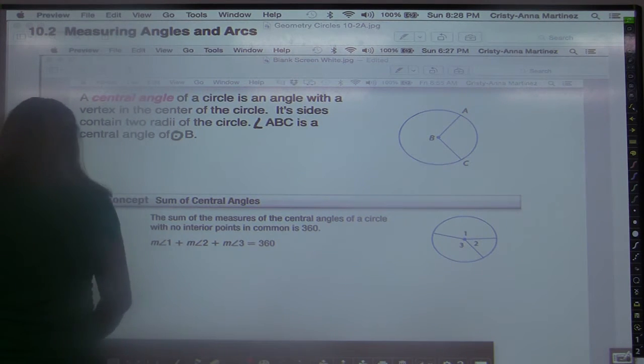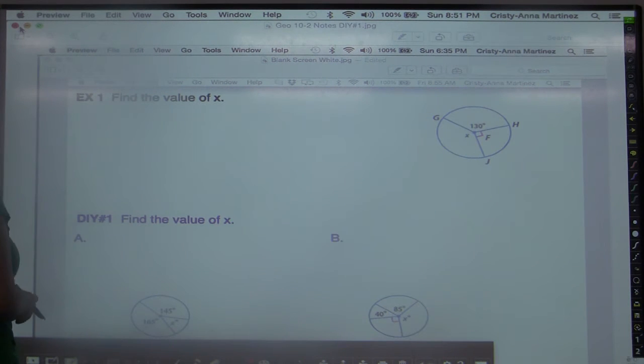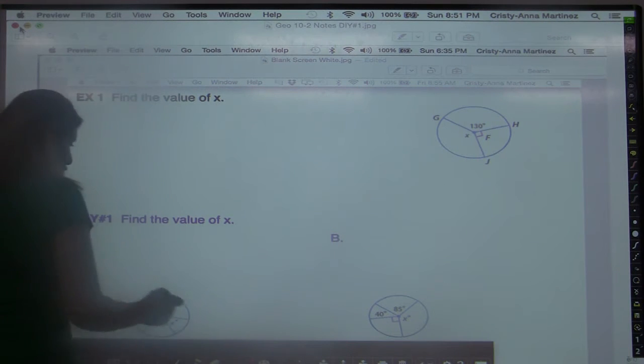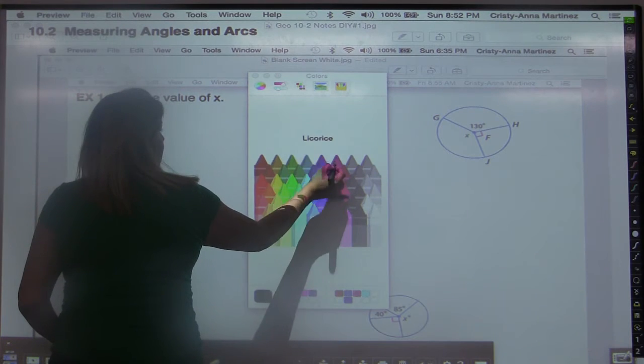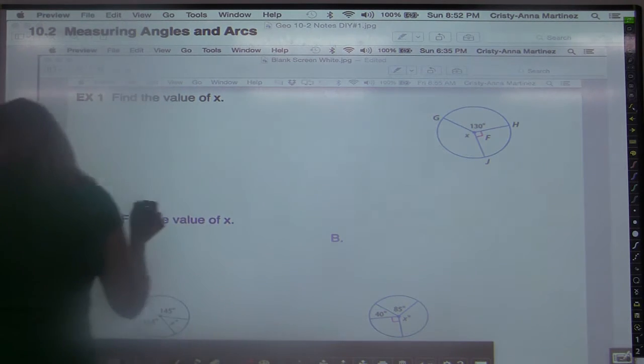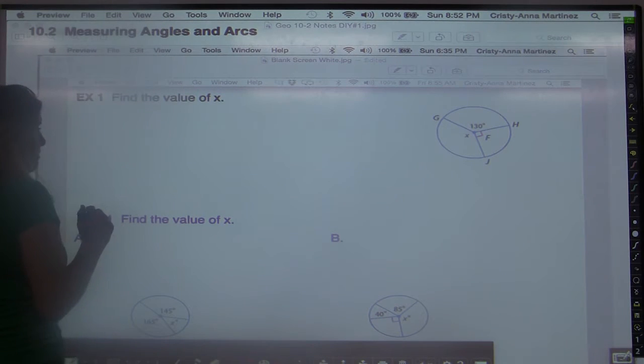So we're going to go to our first example, and it says find the value of x. First, we know that all of the central angles should add up to 360.